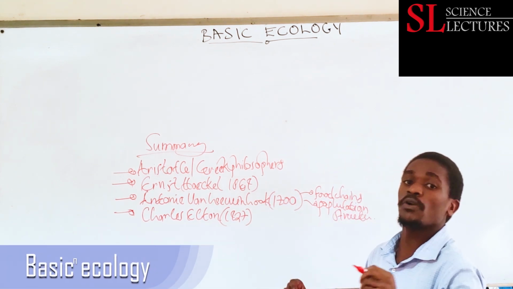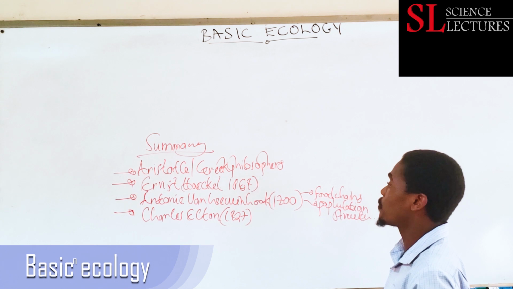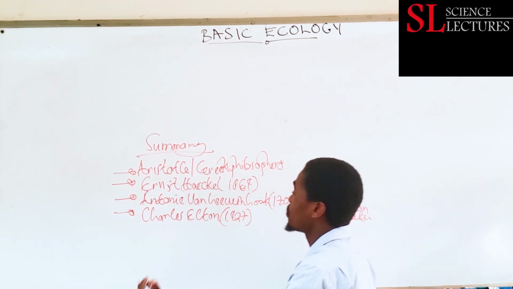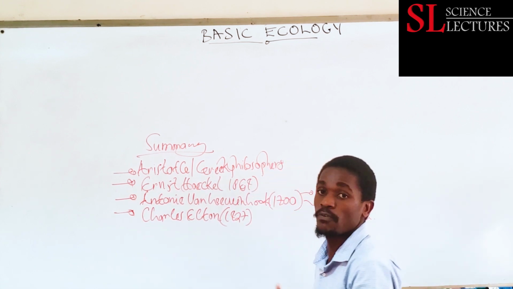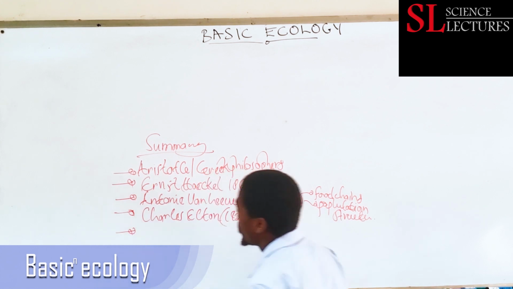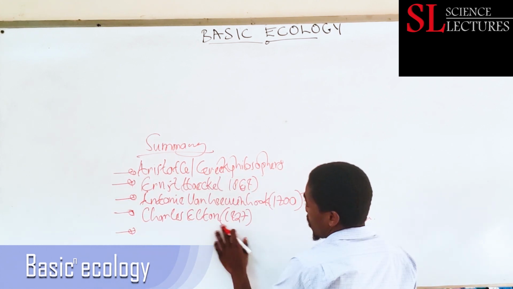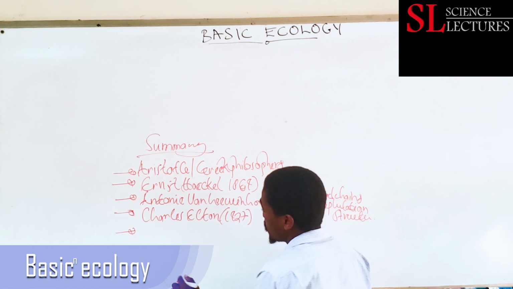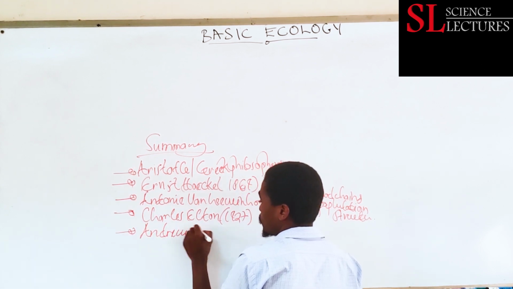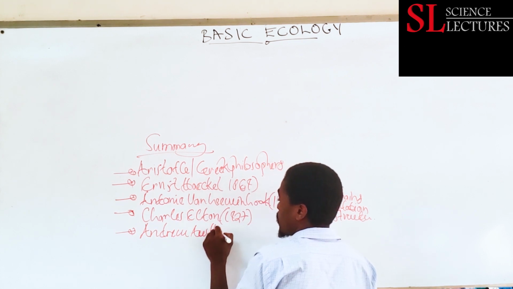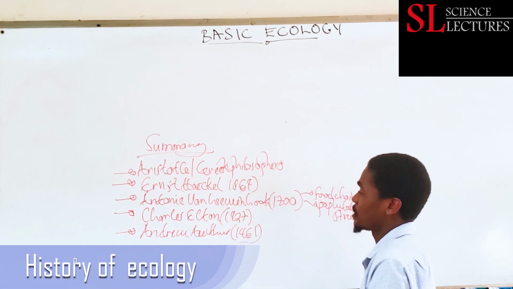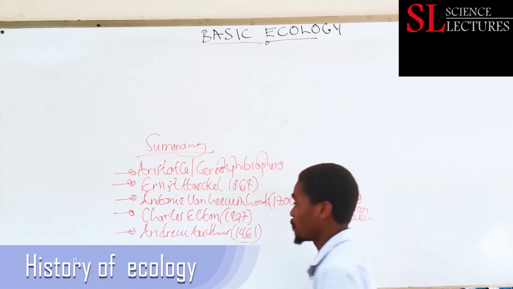However, he called it plants and animals, yet we know that plants and animals are not the only classification, and his definition can be modified as the study of organisms in relation to their habits and habitats. After Charles Elton, there was the emergence of another scientist, Andrew Arthur, in 1961. He defines ecology as the study of distribution and abundance of organisms.